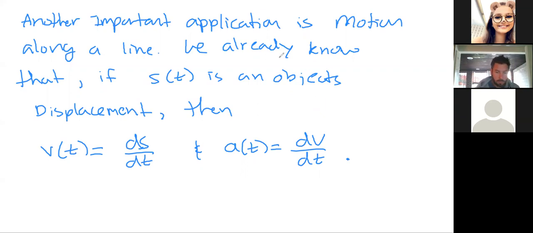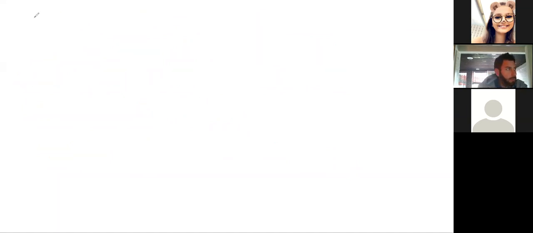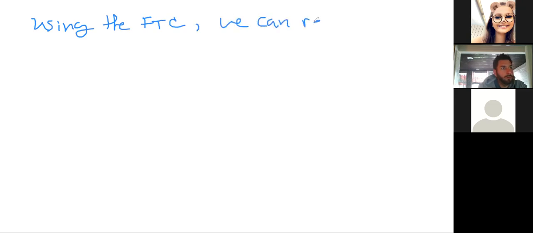So what does this mean in terms of integrals? Well, using the fundamental theorem of calculus, we can rewrite these in terms of integrals.